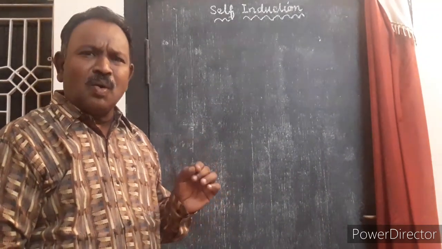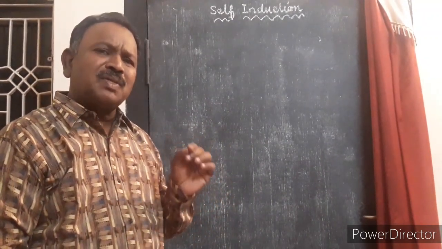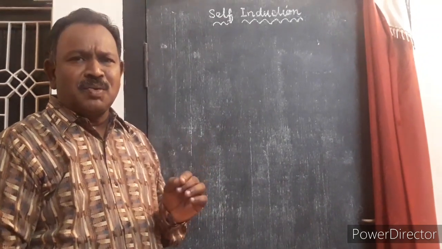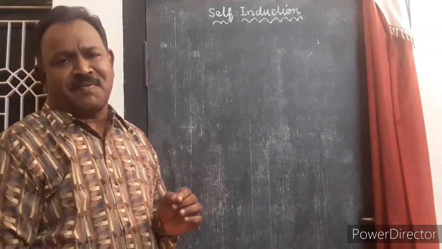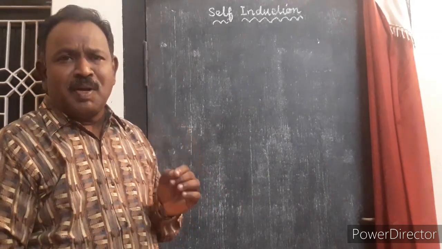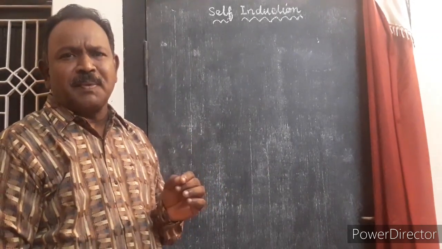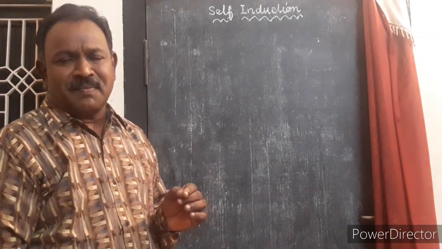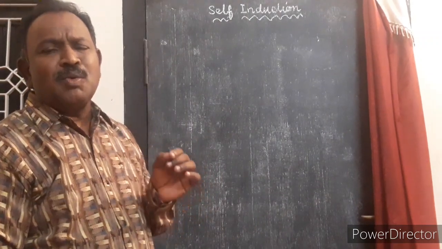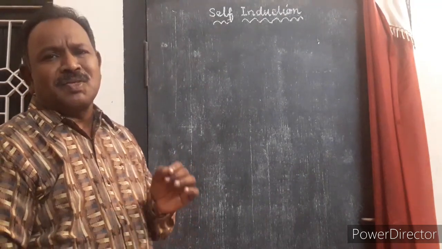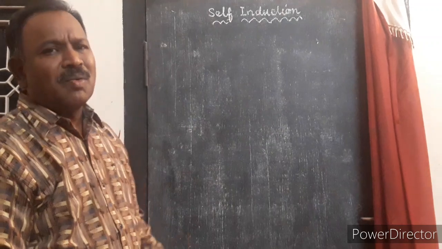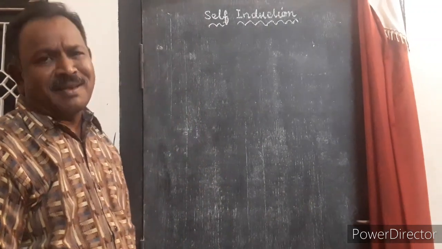So when we allow current to pass through the inductors, they will produce opposing EMF. This property of producing opposing EMF in inductors when current is allowed to pass through them is called self-induction. Now we are going to see it in detail.